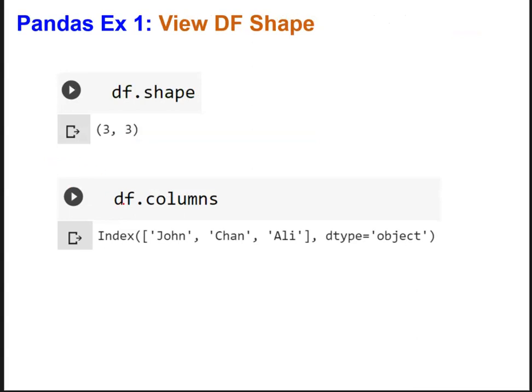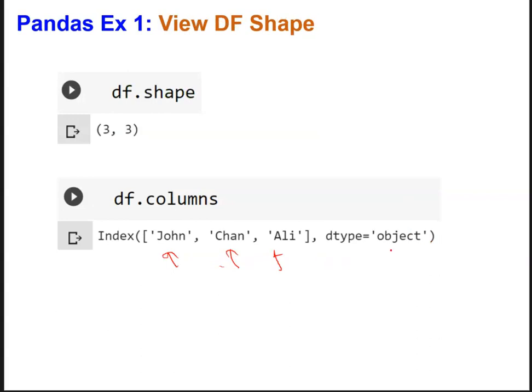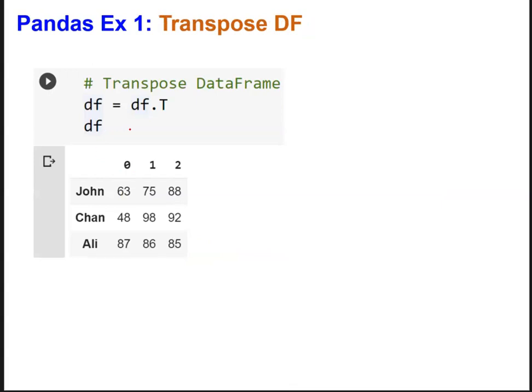Now you can also get the column names. If you type in df.columns, you get the names of the columns. As you can see, these are the names of the columns, and the data type is object, which is a string in this case. Now you can also transpose if you want.